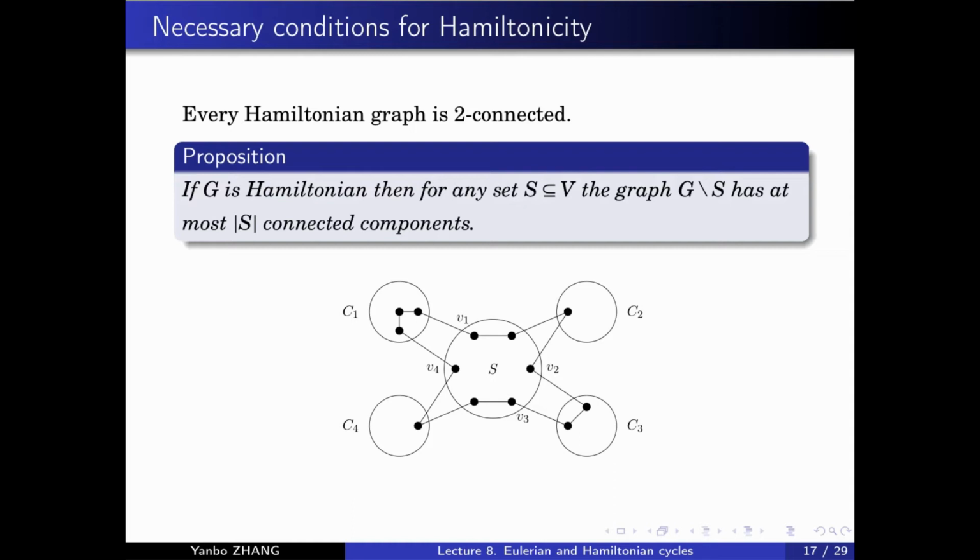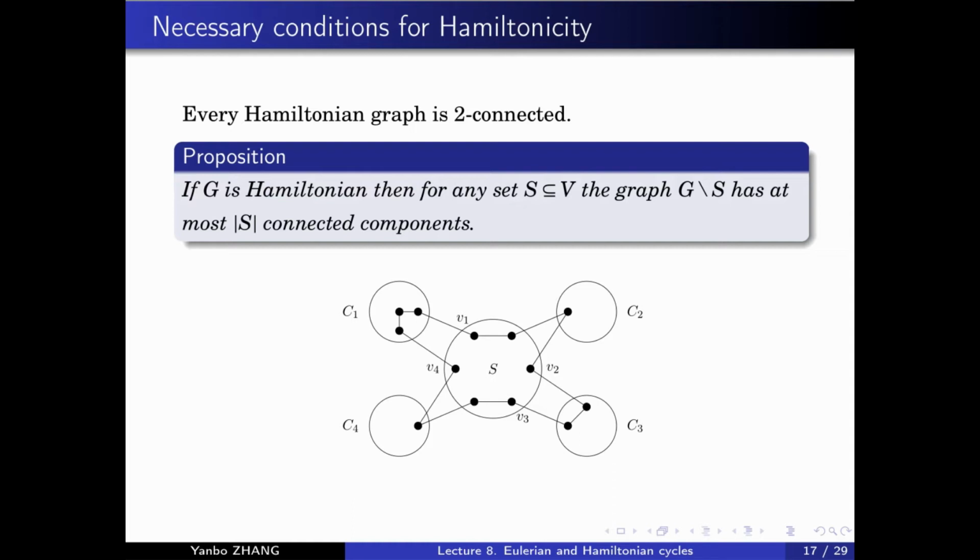The next proposition is, if G is Hamiltonian, then for any set S, which is a subset of V, the graph G minus S has at most |S| connected components.